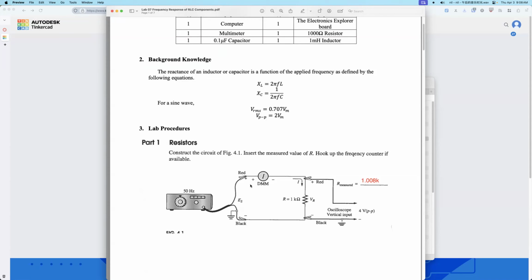However, we know there's no AC ammeter in Tinkercad. In Tinkercad, the current meter can only measure DC current. So for part 1, we cannot do it. So we just skip part 1 again. So we don't do part 1.